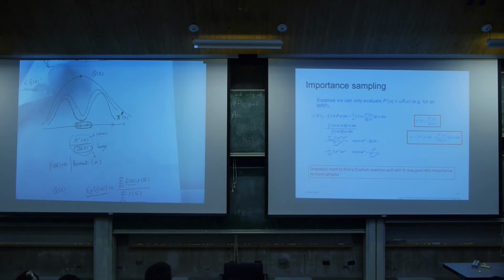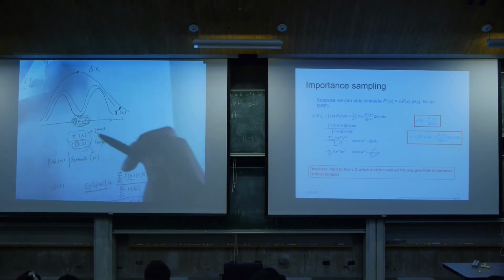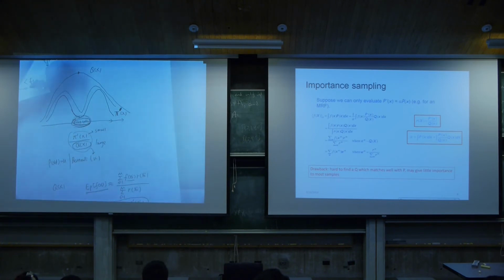It's pretty much like rejection sampling. In rejection sampling, you take a lot of effort to generate many samples here, but most of them are rejected. And for importance sampling, although you didn't reject any of them, most of the samples are given unimportant weights.